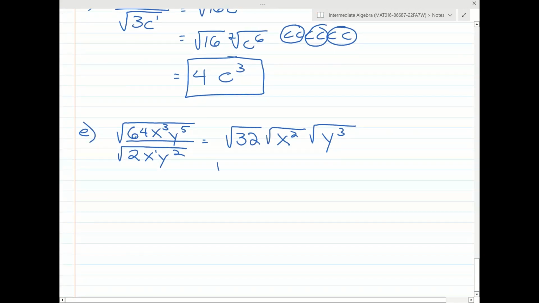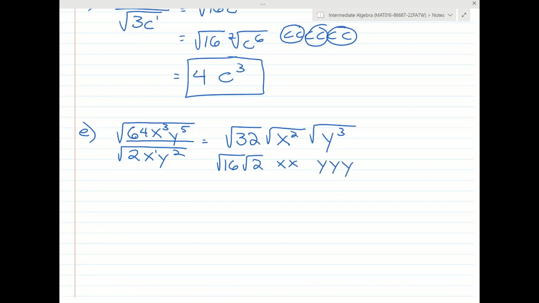Square root of 32 is just square root of 16 times square root of 2. X squared is just x times x. And y to the 3rd is just y times itself 3 times. So let's see what we get. This would just be 4 root 2 times a group of x's times a group of y's with 1 left over.